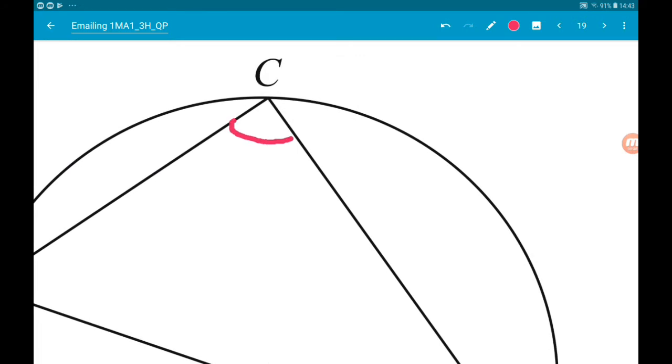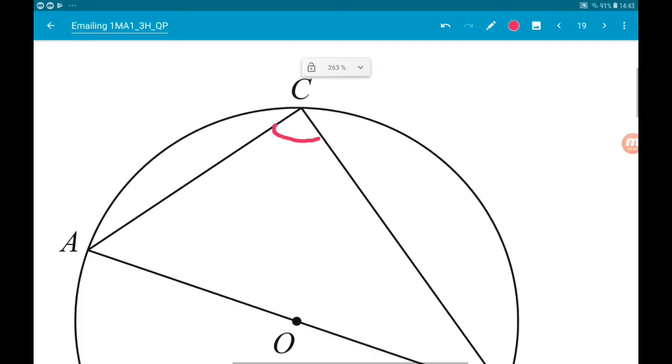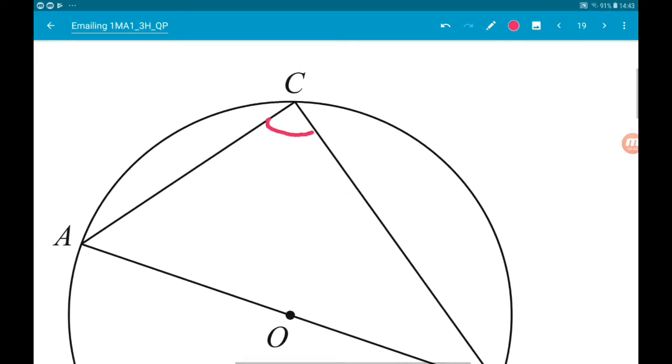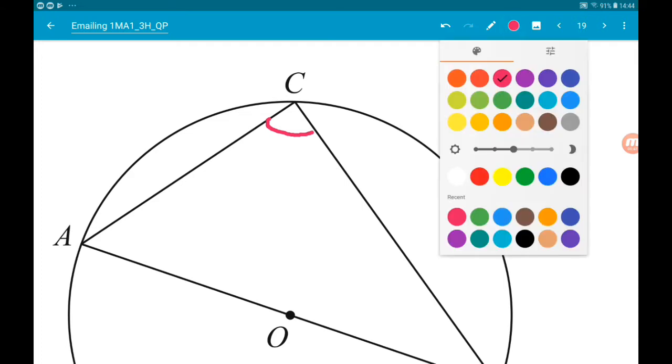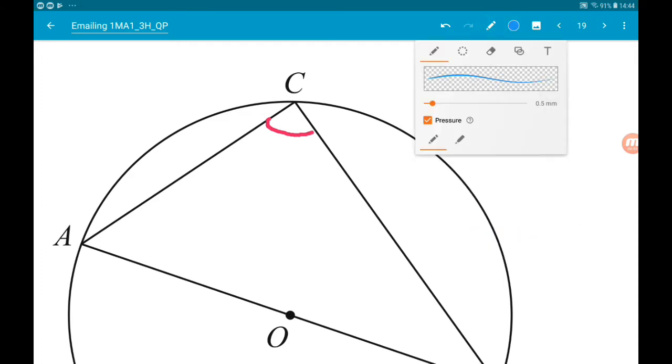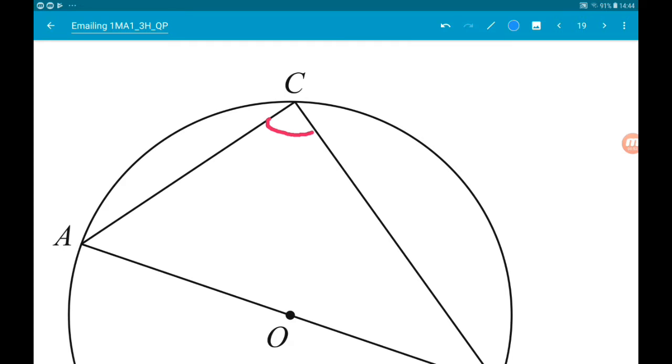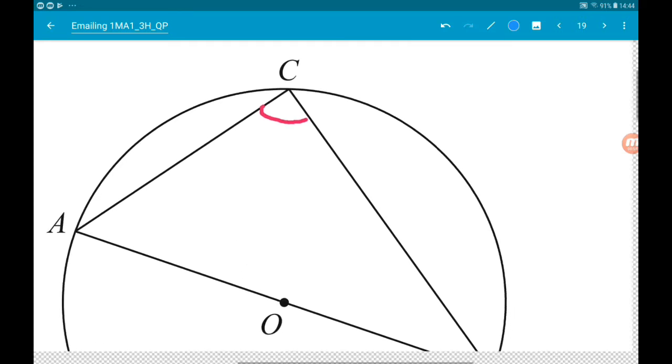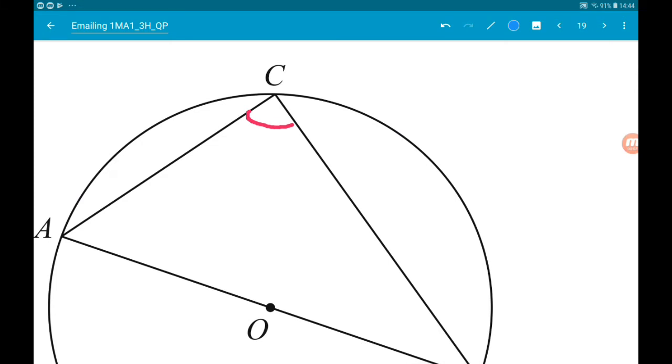Now then, the way that we do this, pretty much the way that you start to prove any circle theorems, is you draw lines out from the centre of the circle. So we're going to draw a line from O to C, like that.